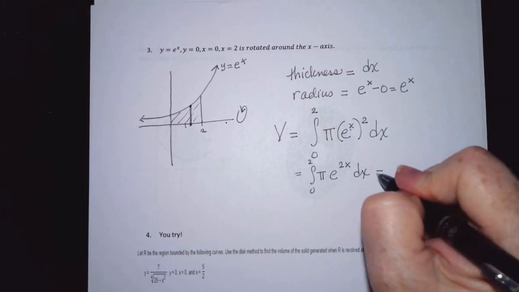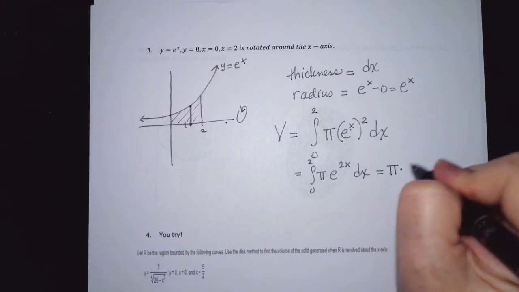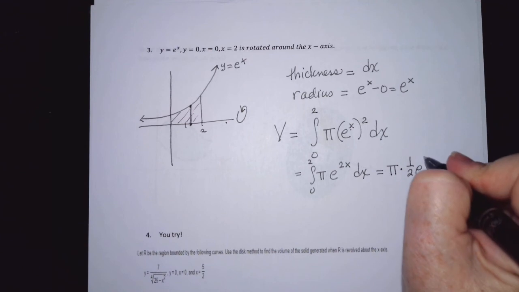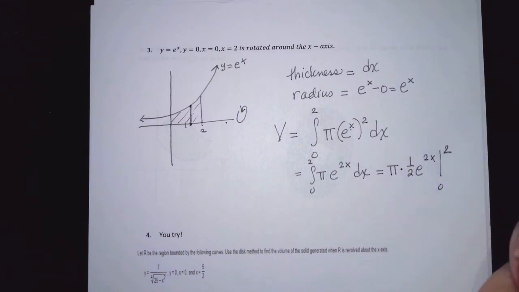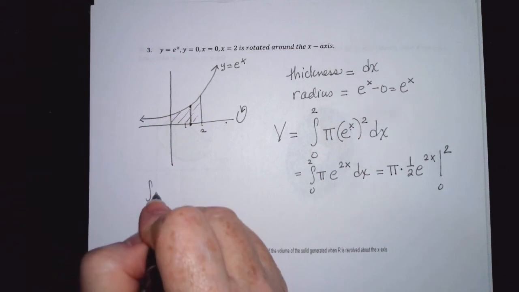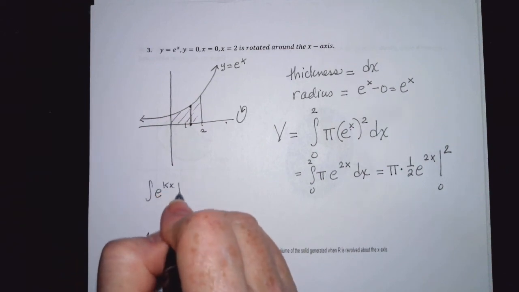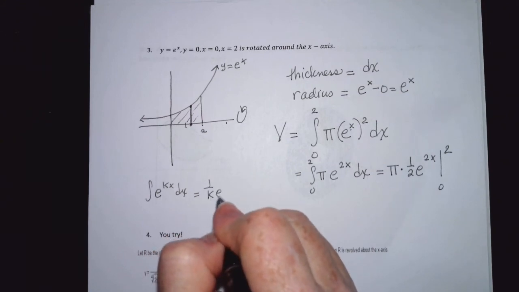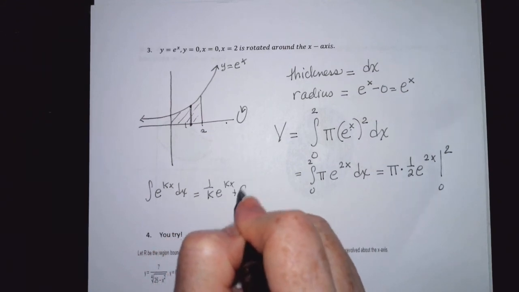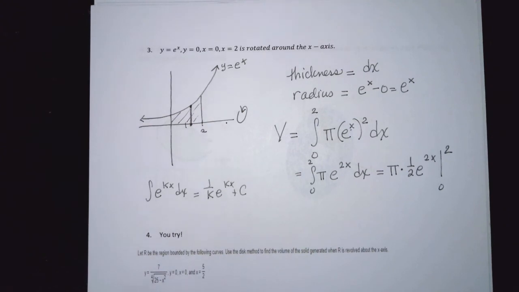And remember, that one would just be pi times 1/2 e to the 2x from 0 to 2. Because if you have the integral of e to a constant times x dx, it's just 1 over the constant e to the kx plus c if you have an indefinite integral. We had a definite integral, which is why I didn't have the plus c.